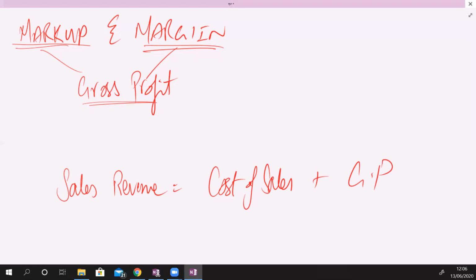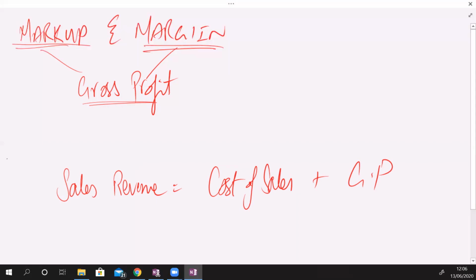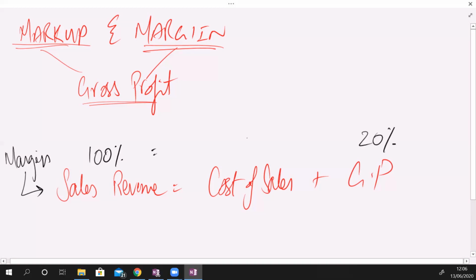All right. Now, when I talk about margin, margin is upon sales, in which sales is 100%. And let's suppose if the profit is 20%, the cost of sales would be 80%.